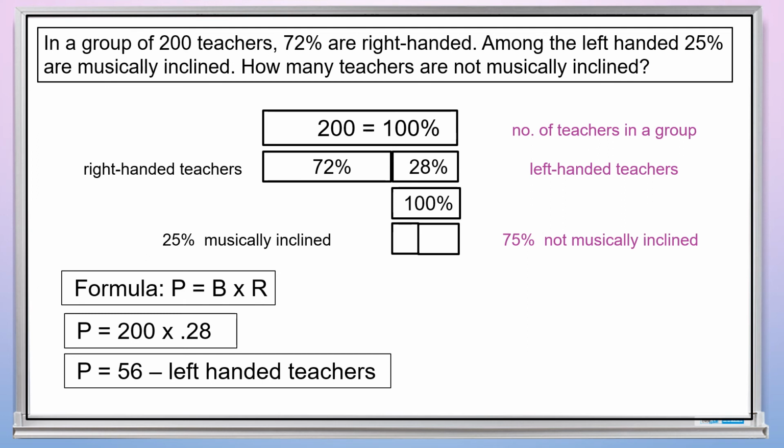Again, reconsider 56 as the base. And from this, I am going to get the number of teachers not musically inclined. So, I am going to solve for the percentage, using again the formula P equals B times R. Changing them to mathematical symbols, we have 56 as the base and 75 hundredths as the rate when changed to decimal number.